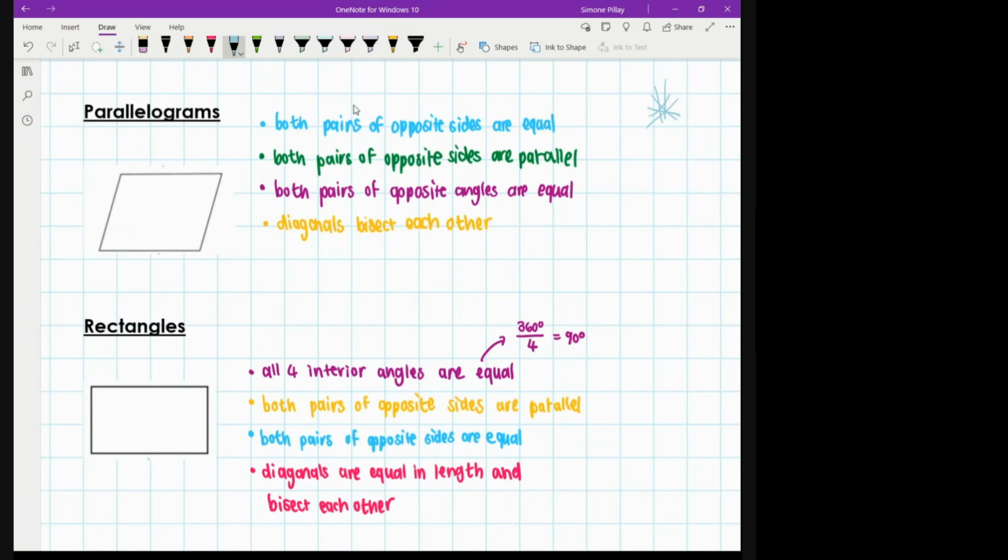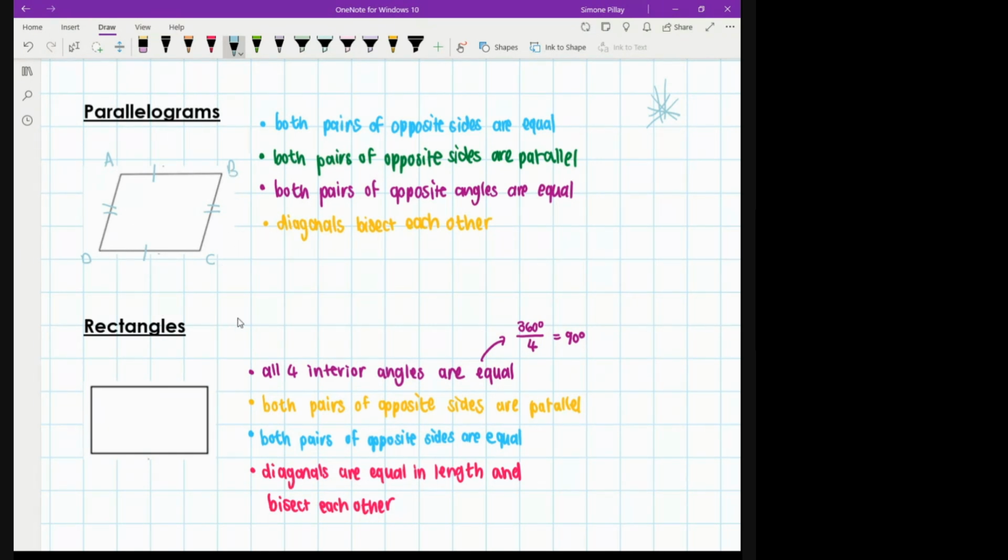Now, what are the properties of my parallelogram? Well, firstly, both pairs of opposite sides are equal. So opposite sides, those are equal, and those are equal. Okay, so if I label this A, B, C, D, what would happen is AB is equal to DC, and AD is equal to BC.